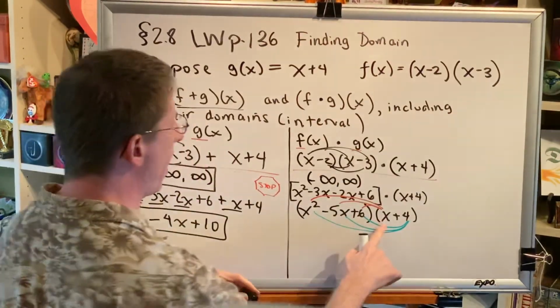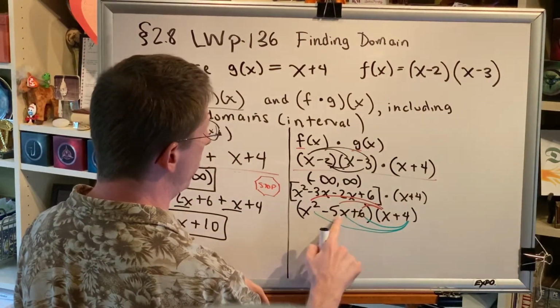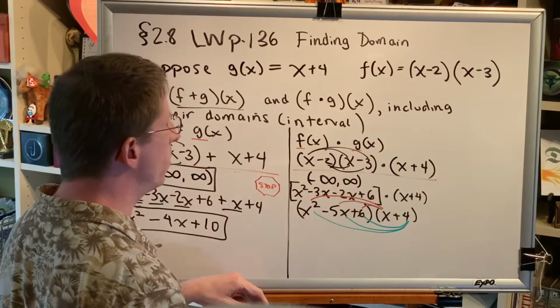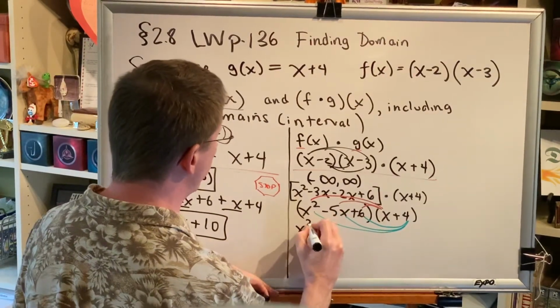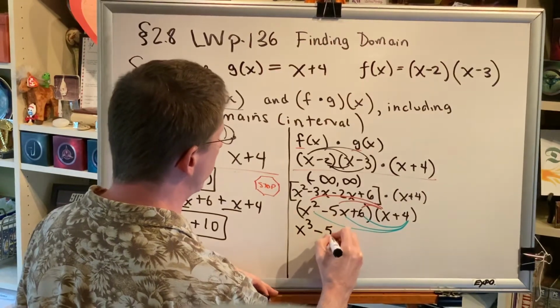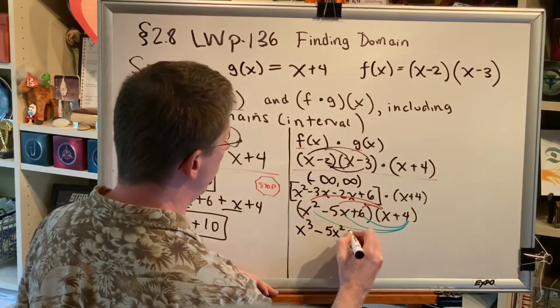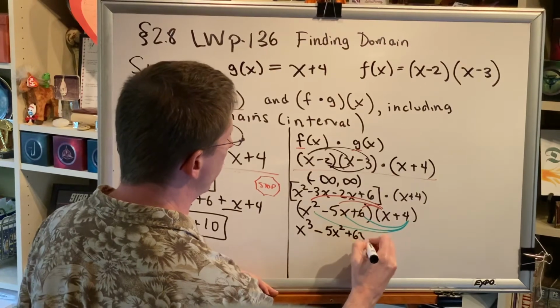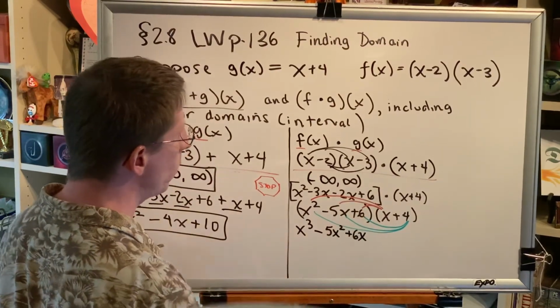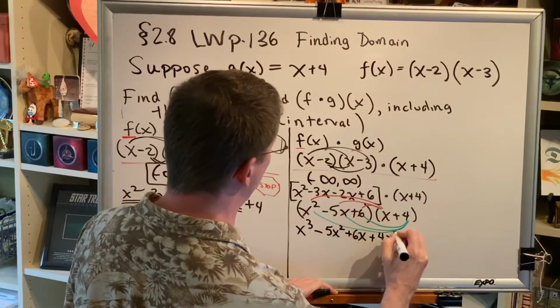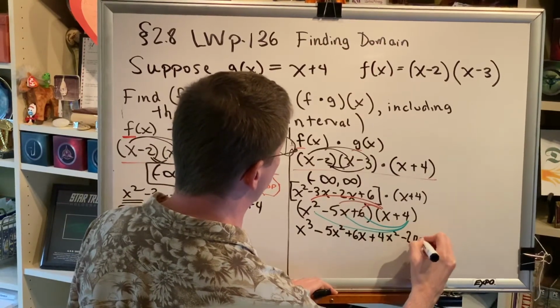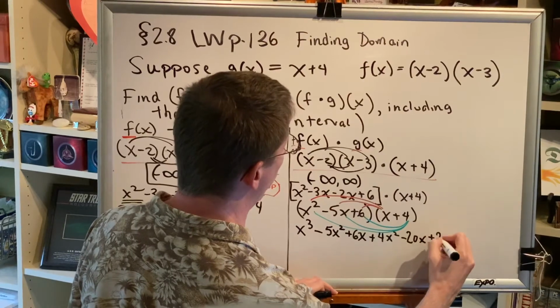Okay, let's do the x first. When x is distributed to each one of these 3 terms, the exponent of x goes up by 1. Instead of x squared, we have x cubed. Instead of minus 5x, we have minus 5x squared. And instead of plus 6, we have plus 6x. Now distribute the 4. Plus 4x squared minus 20x plus 24.